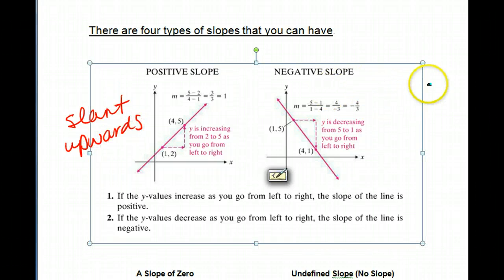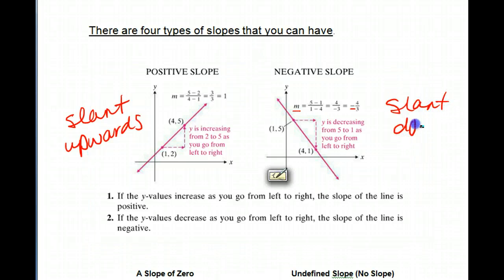We have the negative slope. The y values here are going to decrease as you go from left to right. Whenever you calculate your slope formula, you will get a negative answer. Your line is going to slant downwards.